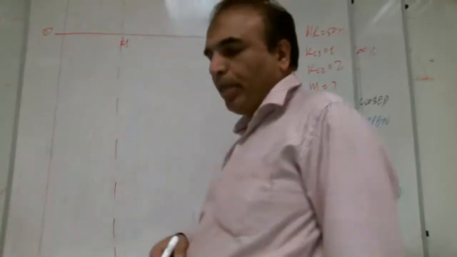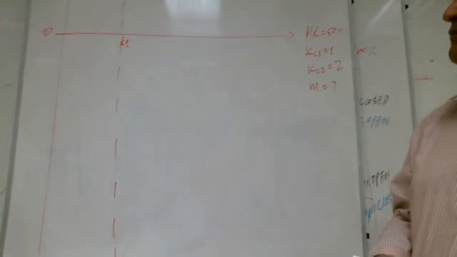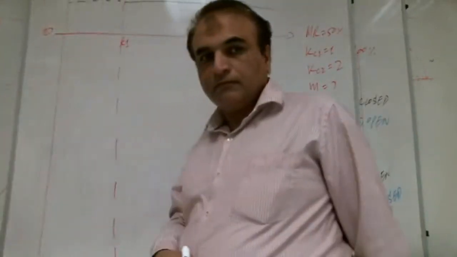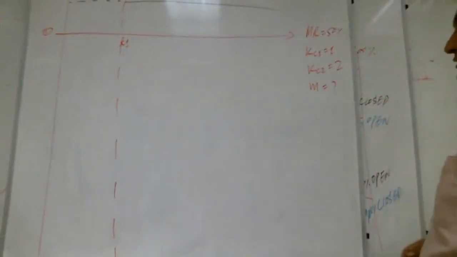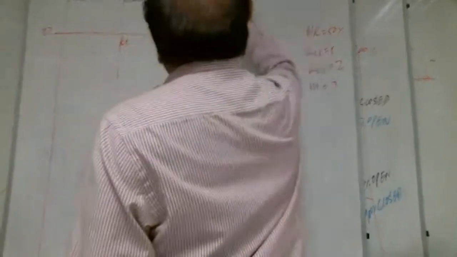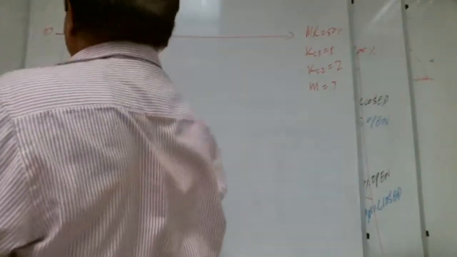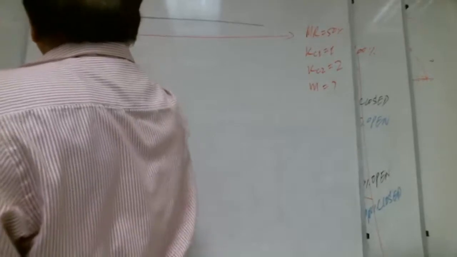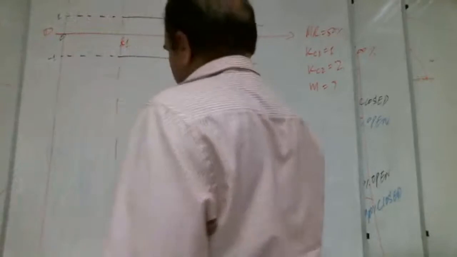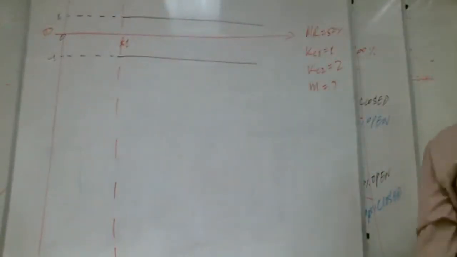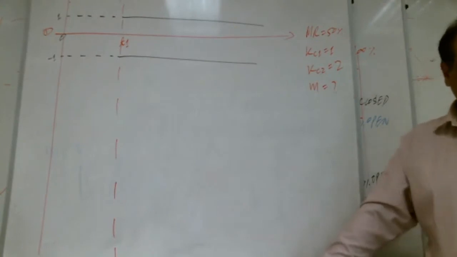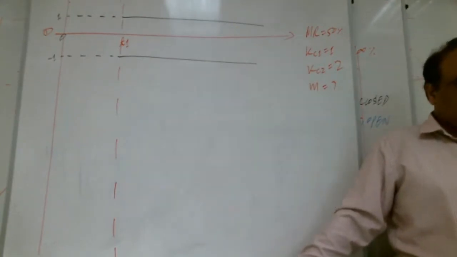So from 0 to T1, what is the error? Yes, Shabab, from 0 to T1, what is the error? 0.